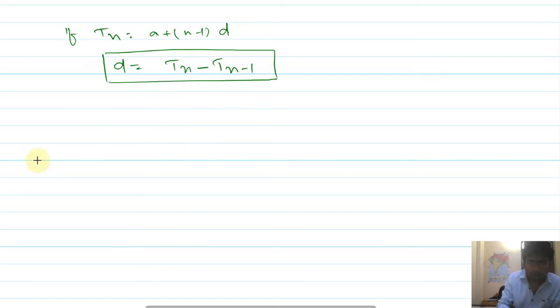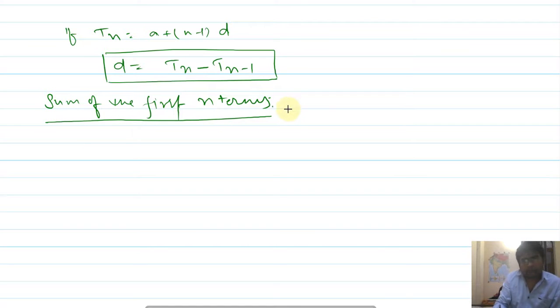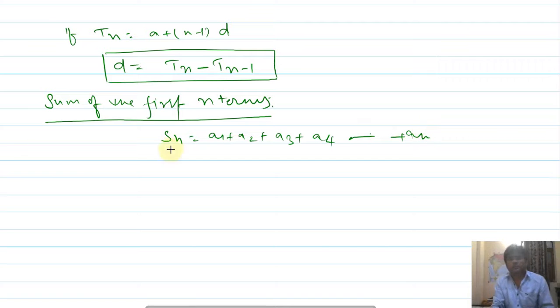Okay. Now the sum of the first n terms. So if Sn is a1, a2, a3, a4, and so on, Sn is the sum of all of them.